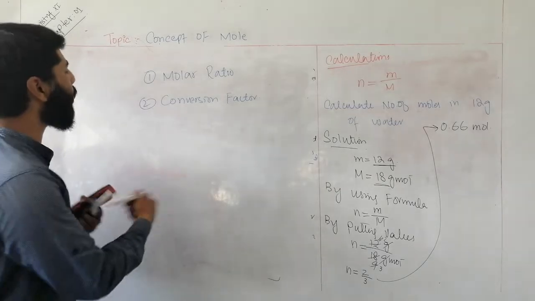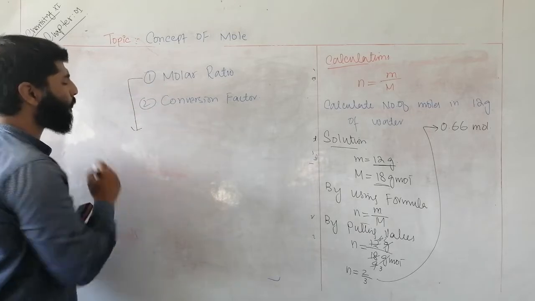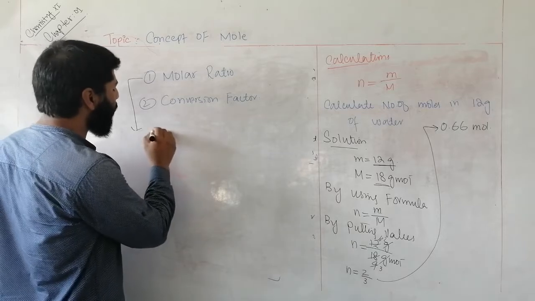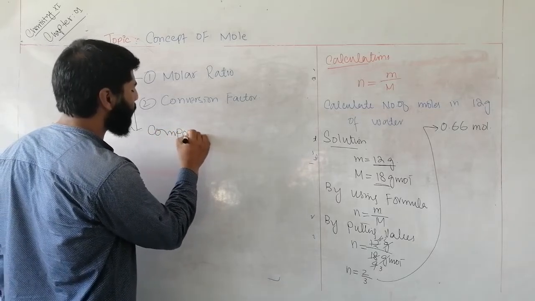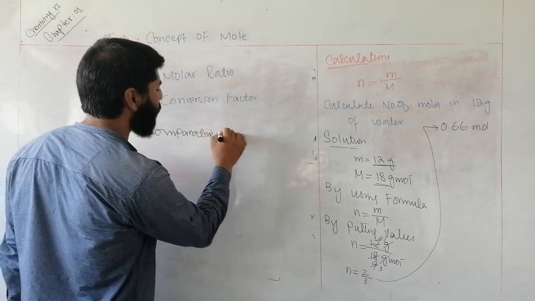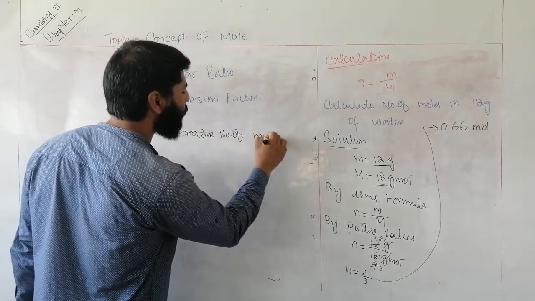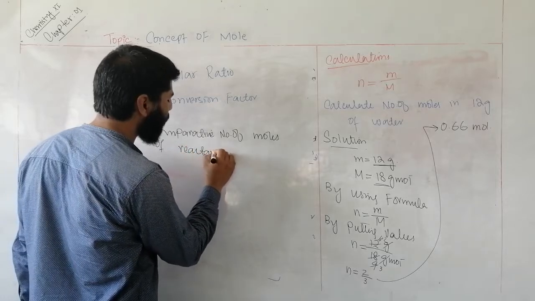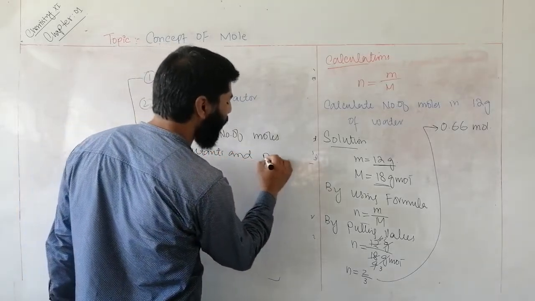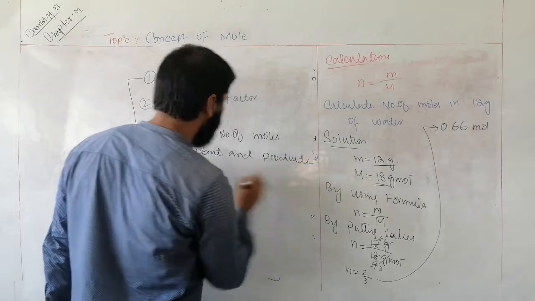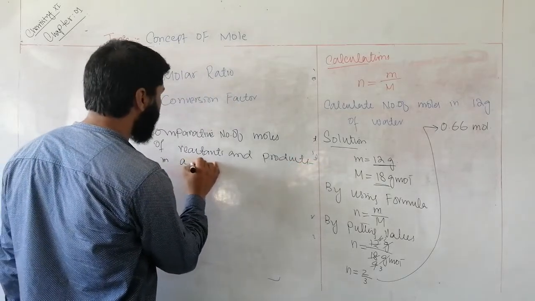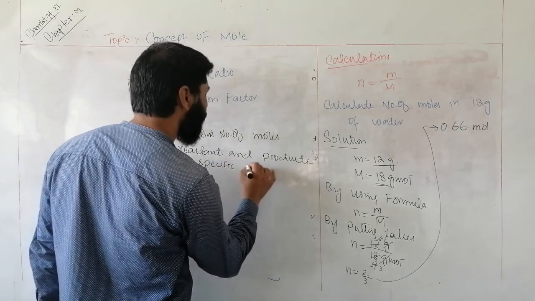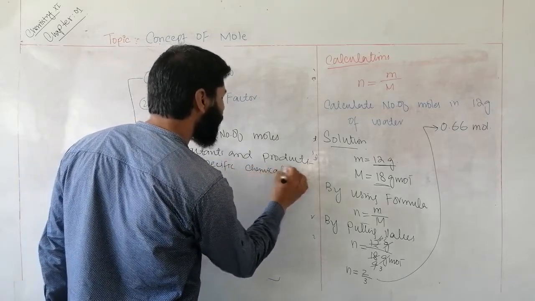What is molar ratio or mole ratio? How can we define molar ratio? Molar ratio is actually the comparative number of moles of reactants and products in a specific chemical reaction.